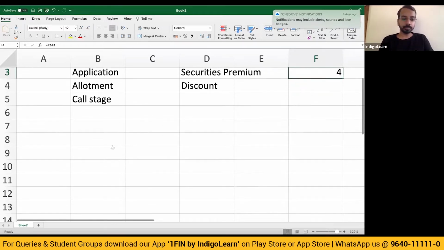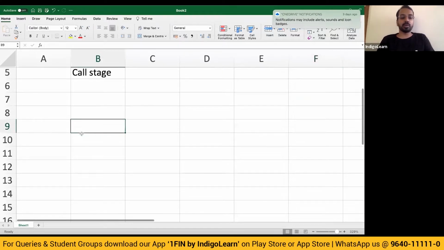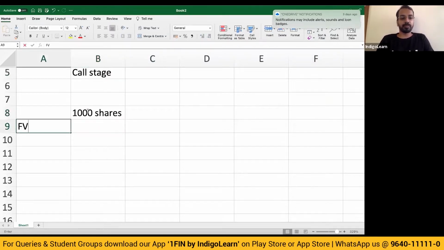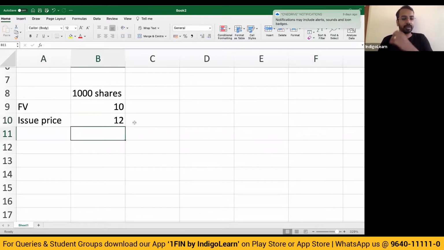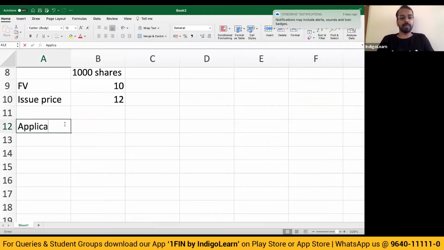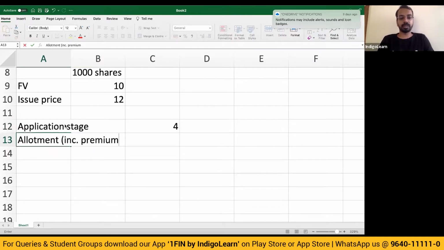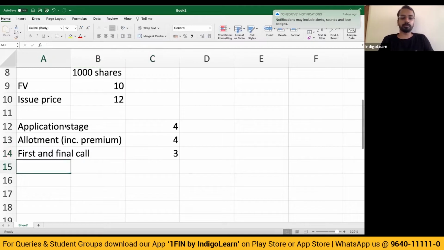Now, at application stage, what would happen? Say, I'll just give a hypothetical situation: 1000 shares, face value 10, issue price 18, or 12 for ease of accounting. Application stage 4, allotment including premium 4, and first and final call 4.